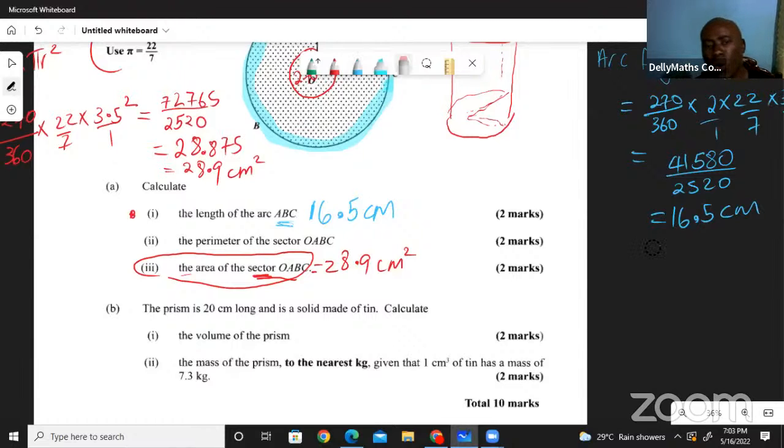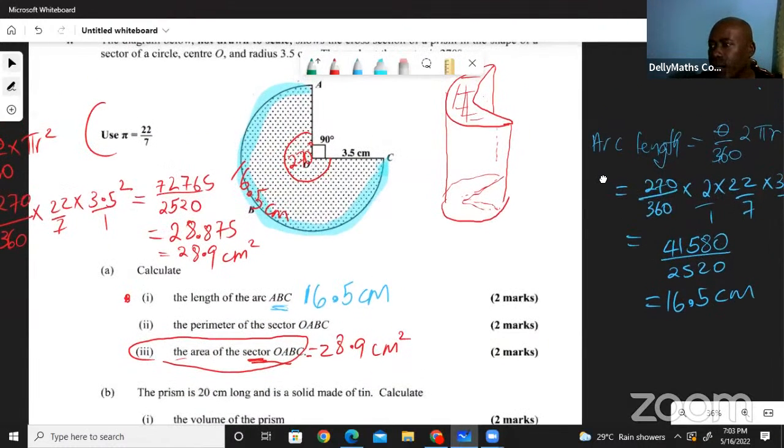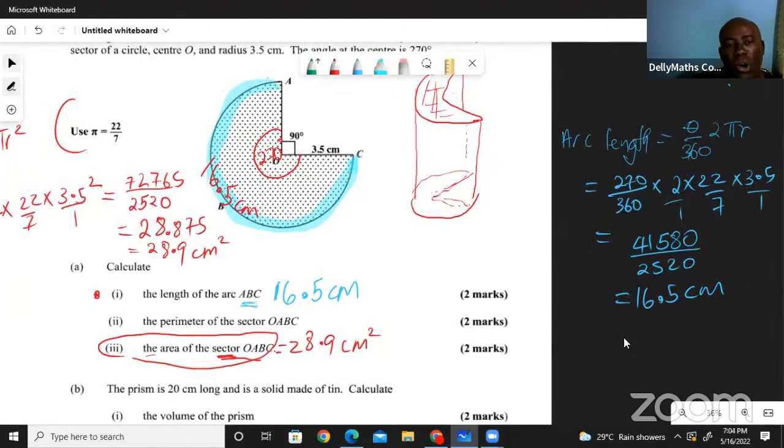All right, so that's that. That's the arc length, meaning walking all the way around, you will get 16.5 centimeters. Walking all the way around that blue shade that I placed there, you would have gotten that. The question though is saying the perimeter now. The perimeter is that we're going to be adding up all the distances along the boundary.